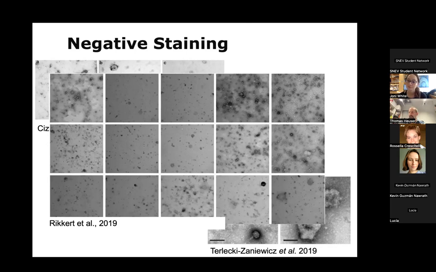Yes, I think this is possible. I think so far this has mostly been done with hybrid methods, and here with slightly different approaches. The plunge freezing approach I showed you will only work for thin samples, so for anything thinner than a micron or so.